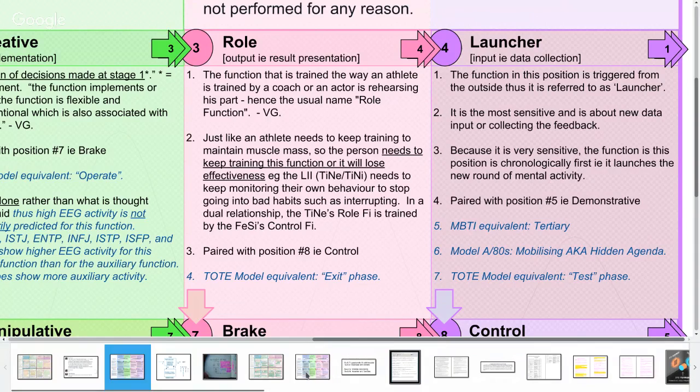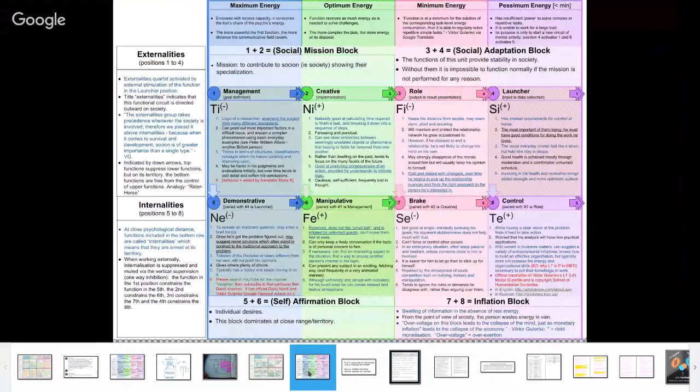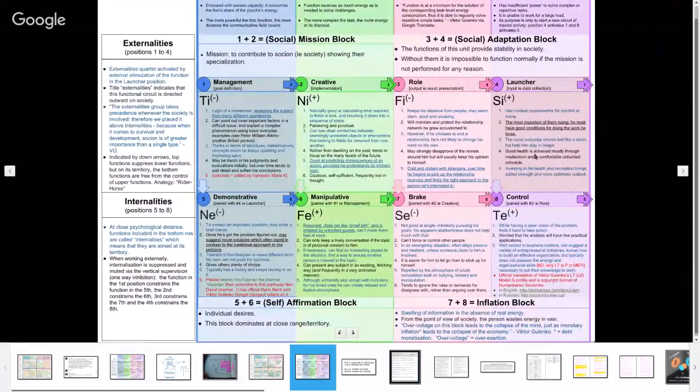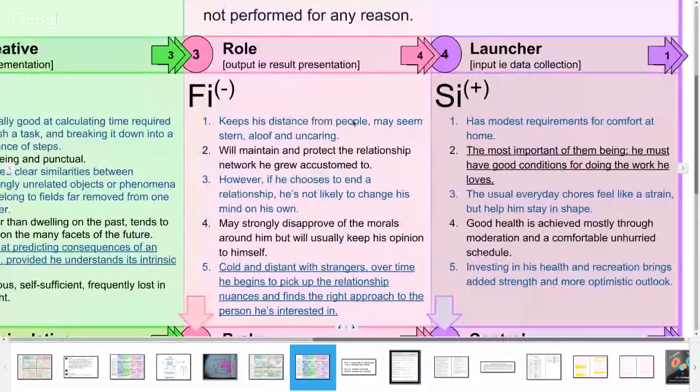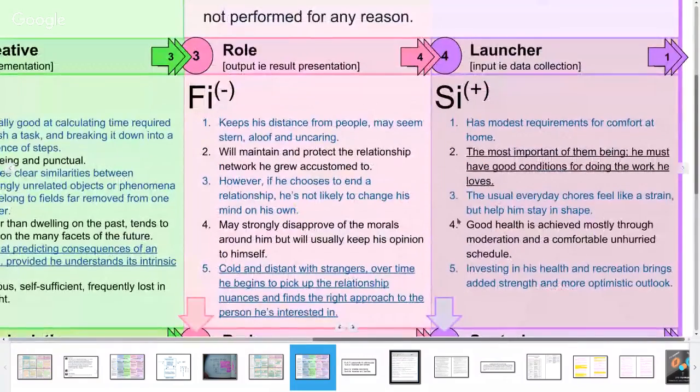Now then, there are two versions of SI. There is what I call American School SI, which I tend to prefer, and then there's Socionics SI. Socionics SI is all about comfort and bodily needs.